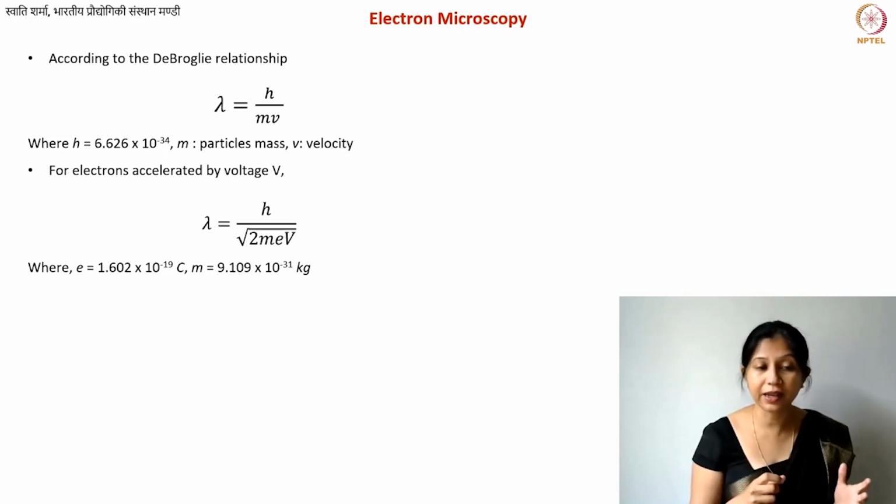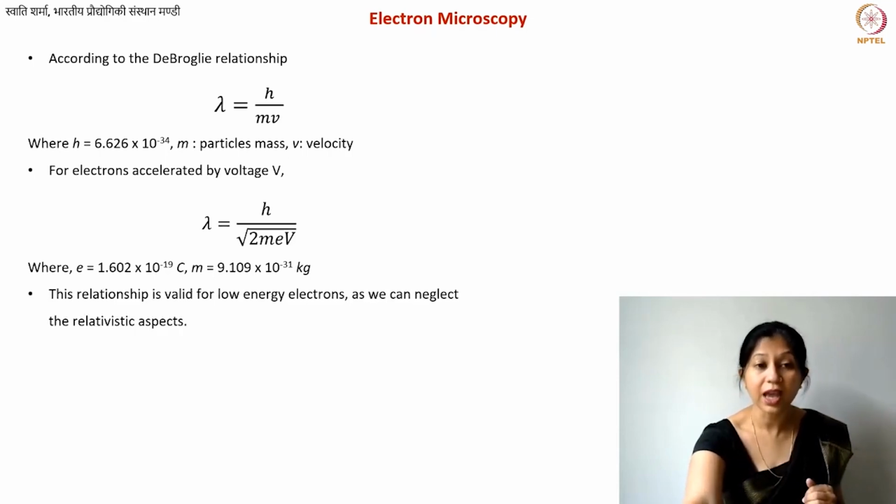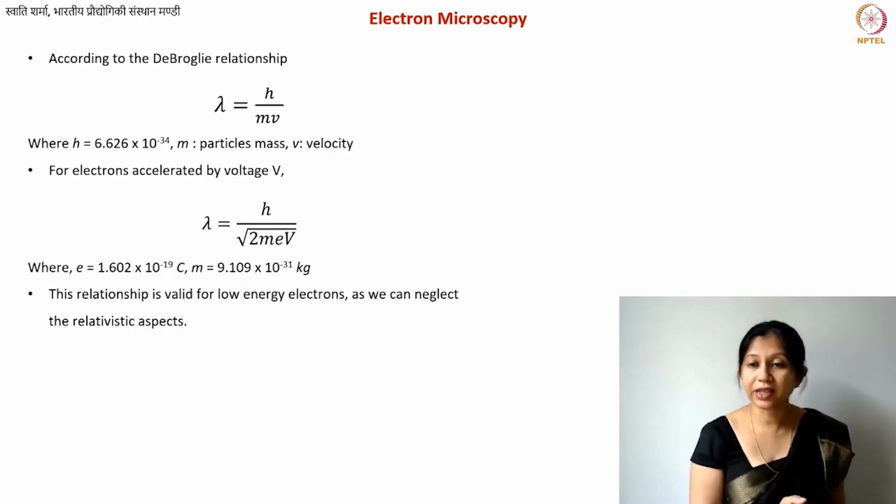Here you have two new parameters. Now we know the mass of the particles we are dealing with, that is the mass of electrons, and you know the charge on electrons. So these are the two more things that you need to factor in. However, what is interesting is that this relationship is only valid for low energy electrons. Low energy means the voltages with which we are accelerating them are not too high, and we will see what we call too high.